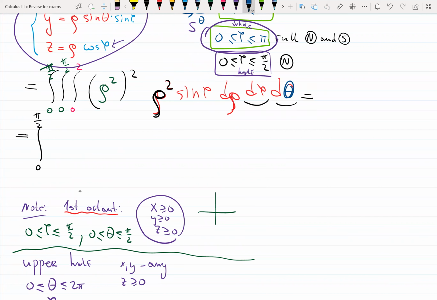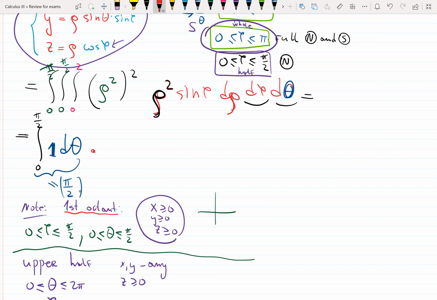So let's find all the thetas in the formula. There's no thetas. So it's just 1 d theta. Do you know what this integral is? It's pi over 2, because the integral of 1 always equals the length of the interval of integration. And the interval of integration is b minus a, in this case pi over 2 minus 0. So that's the first one you can do. This is the first calculation.